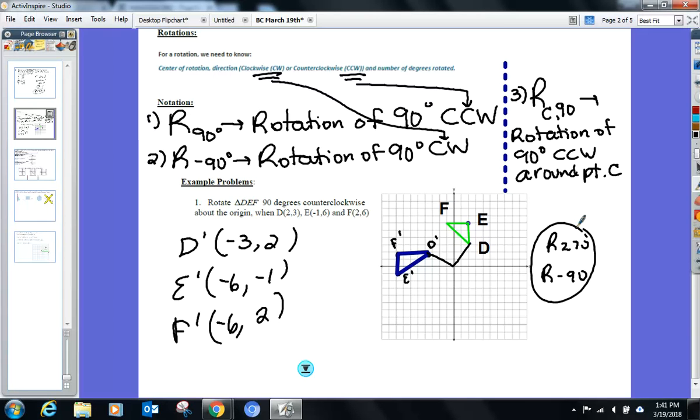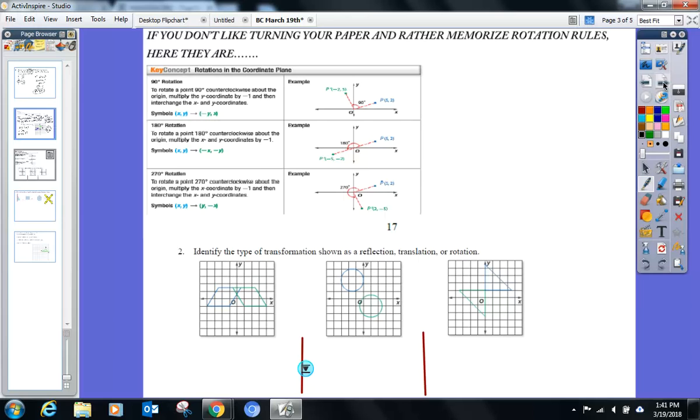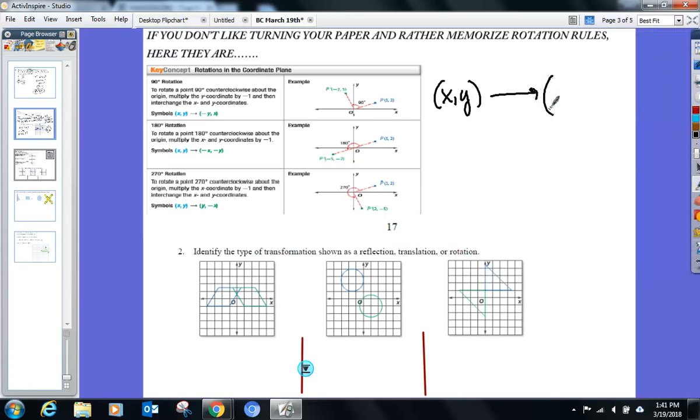If physically rotating your paper is a problem for you, there are rules to remember if you would rather memorize rules instead of rotating your paper. So if you rotate 90 degrees, the rule is you take your coordinate, negate the y, and that becomes your x, and your x becomes your new y. If you want to remember that, at least I provided them for you.